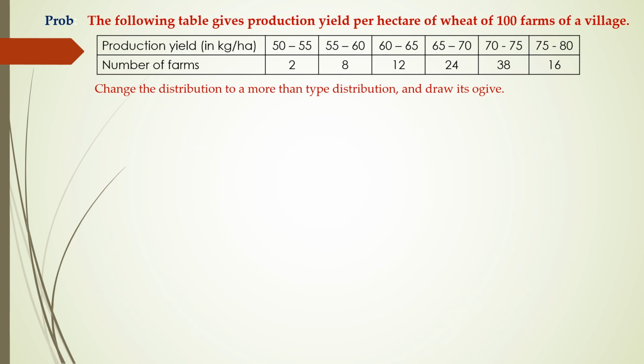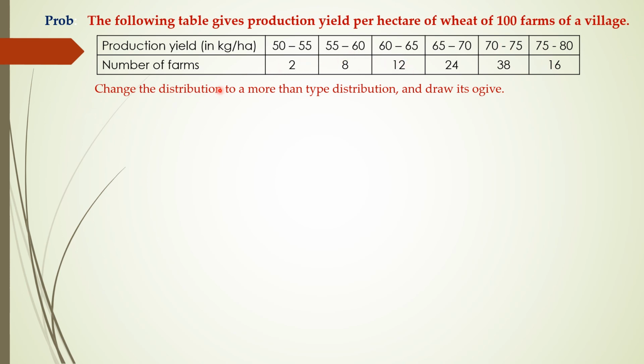Let's discuss one more problem. The following table gives the production yield per hectare of wheat of 100 farms of a village. The production yield is given in kg per hectare, with the respective number of farms. This is a frequency distribution.